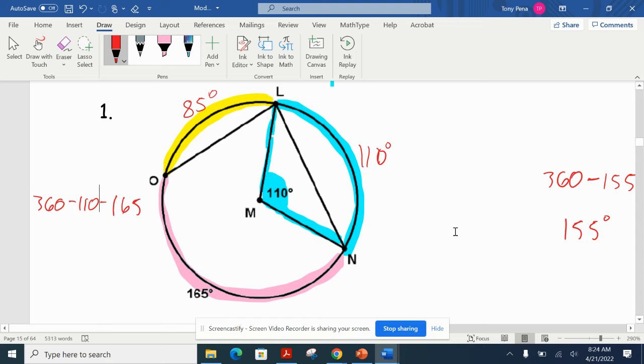The angle that goes from O to L to N. Okay, a little sneaky. Anybody think they've got this today? Clever.